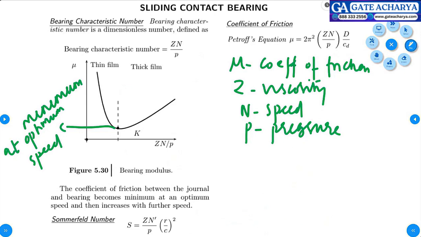So this is for thick film lubrication. It will reduce down at an optimal speed, then it will start increasing.